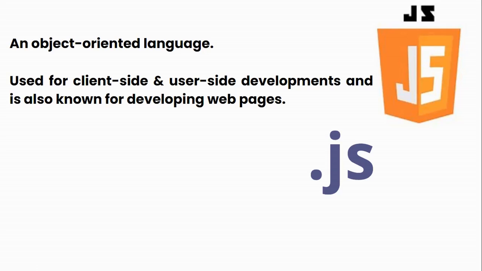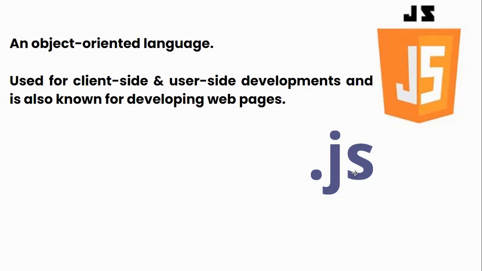So coming to JavaScript, as I said, it is an object-oriented language and there are more features with JavaScript. As I said, initially it was only for making web pages alive, but now it is not like that. With JS, you can build different kinds of applications like web applications, mobile applications, and full-stack web applications.